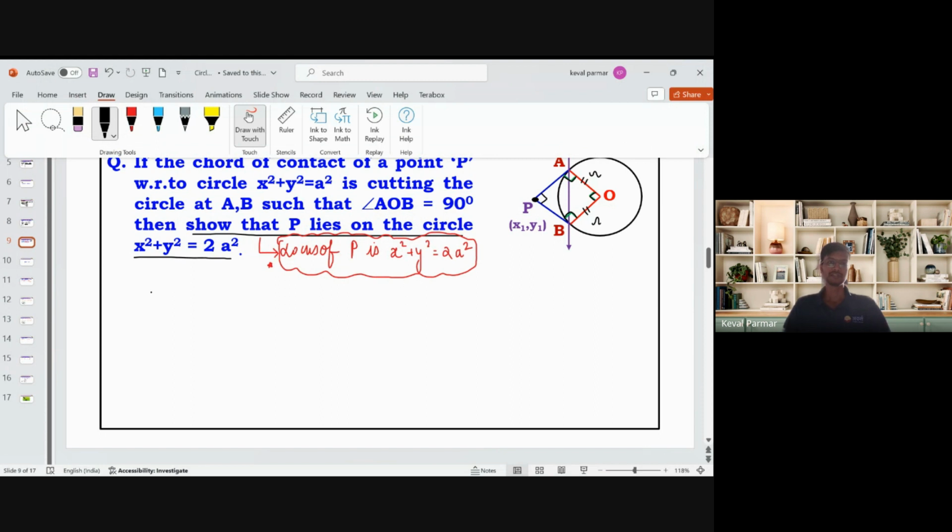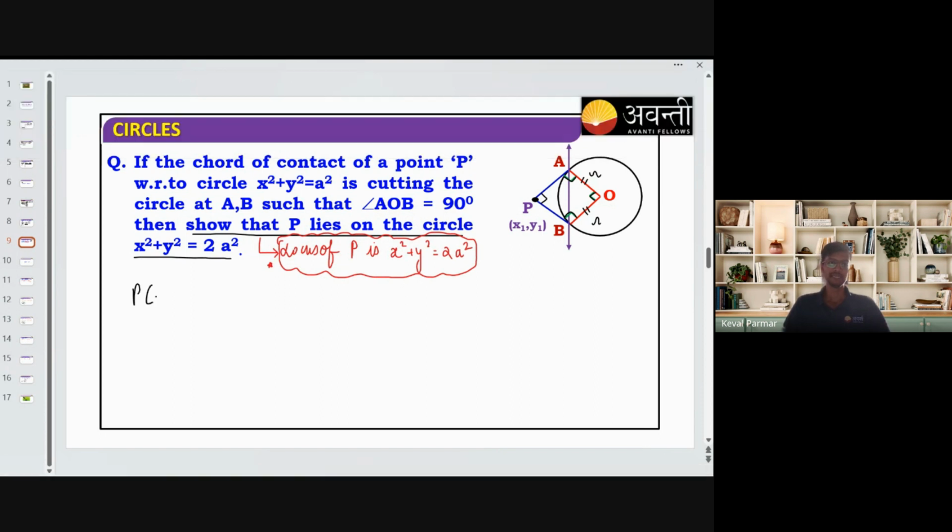So what is the first step of locus? Let P be h comma k. They have already given x1, y1, but we'll ignore it because we have to find the locus. Sorry, I mistakenly put x1, y1 in the diagram, but we'll put h comma k. Now, what is the condition, guys? The condition we got is that quadrilateral APBO is a square. So the adjacent sides of the square, AP, will be equal to AO, right?